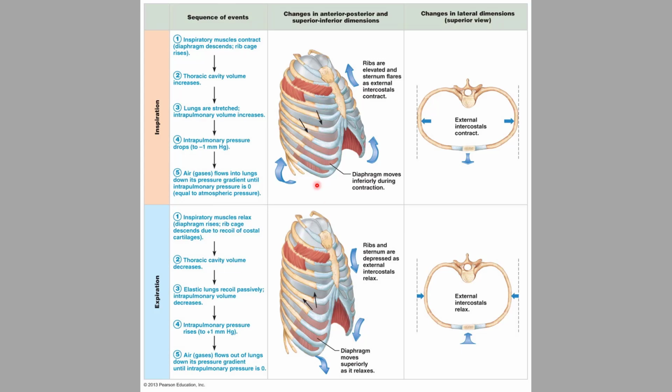This is showing what muscles are involved and what happens to the space inside the chest. But it's all about volume and pressure changes. And additionally, let's talk about what muscles not just are involved, but what we're doing with them. Well, when we are inspiring, when we are inhaling, we are contracting the muscles, the external intercostals and the diaphragm.